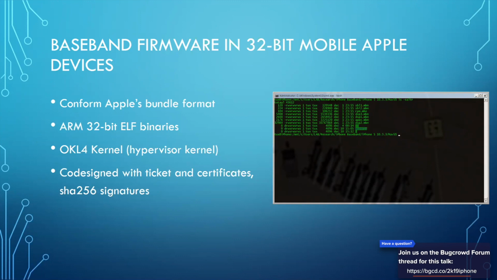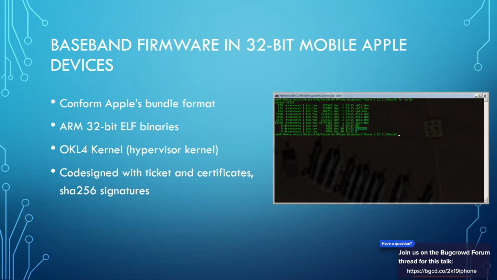You can also look at the entropy for finding a lot about the structure of the file. I used it, and I found that most baseband images also had a certificate at the end. That means that they were code signed with a ticket and certificates using SHA-256 signatures.